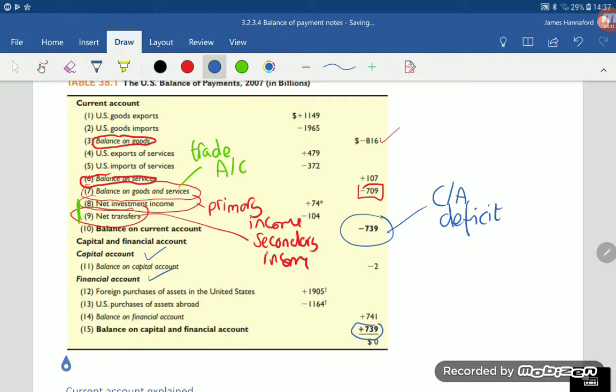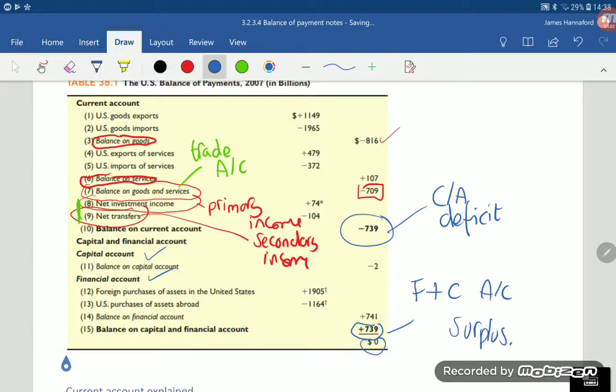Well, minus 739 plus 739 means that there is a balance. So here, there's a financial and capital account surplus. If the current account is in deficit, the capital and financial account must be in surplus, and vice versa.